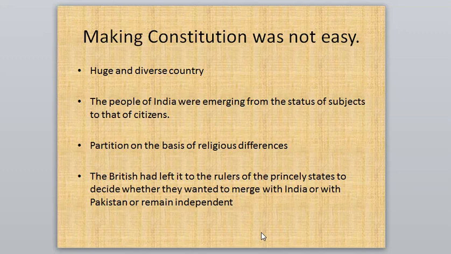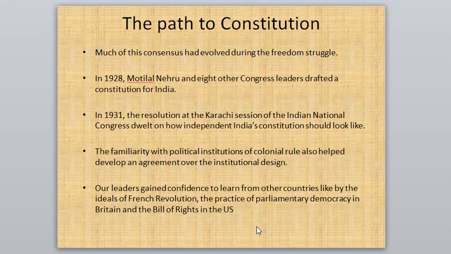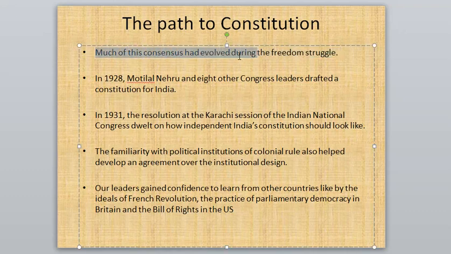Now, when we move to the path of the constitution, despite many difficulties, we have one very big advantage over South Africa: much of our consensus had evolved during the freedom struggle.